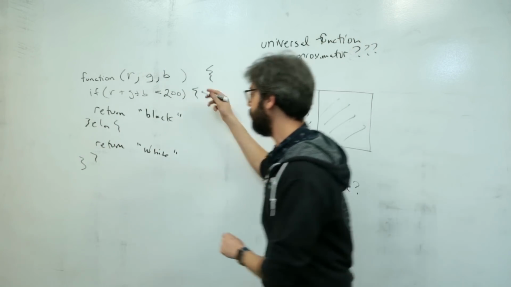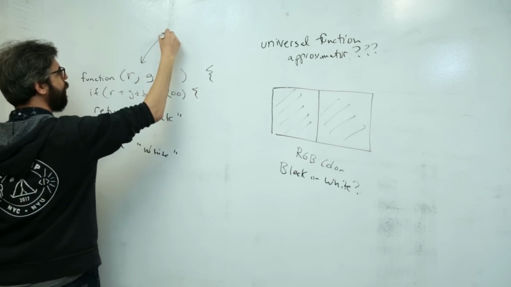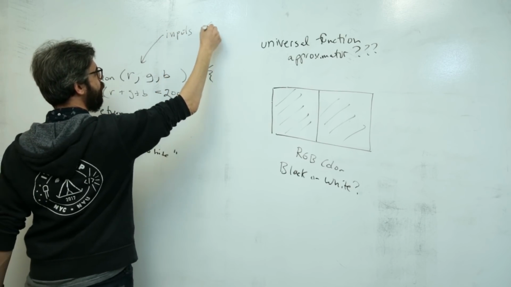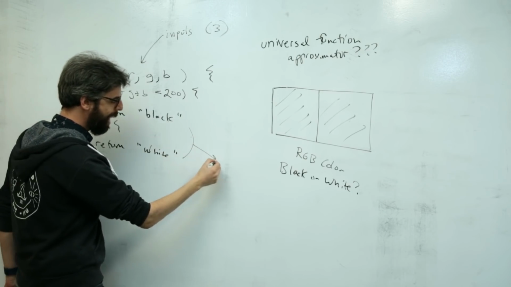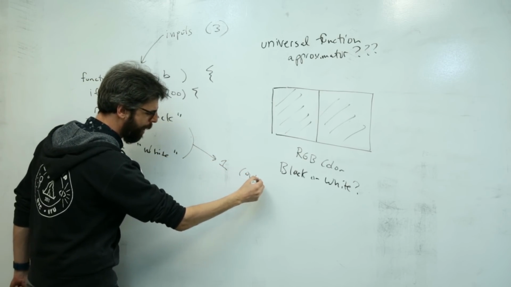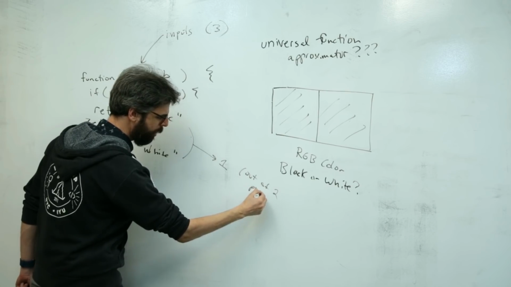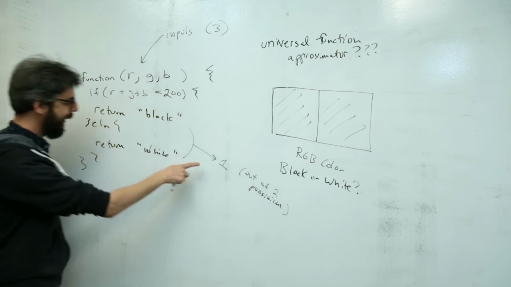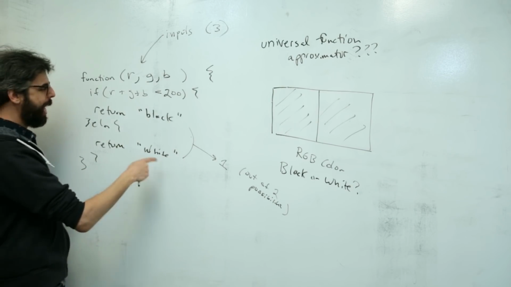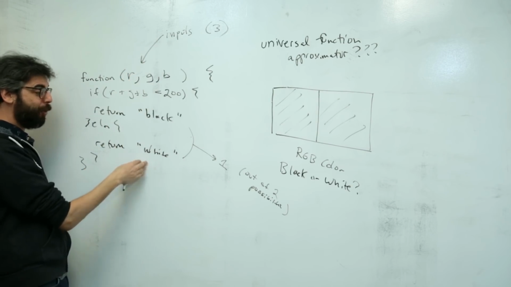This is a function. It takes inputs. How many inputs? 3. And it returns an output. How many outputs? 1. But out of 2 possibilities is important here. It's a function that takes 3 inputs and returns 1 output.